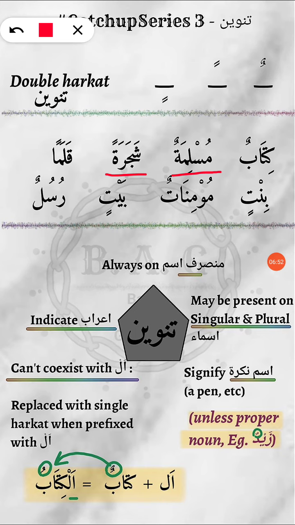This is a separate lesson in itself. All right, so we are going to discuss it then. Al-qalama, al-binti, al-mu'minatu, al-bayti, al-rusulu. All right, so that's how the tanween gets replaced by a single harakat. All right, so this was our fourth point.